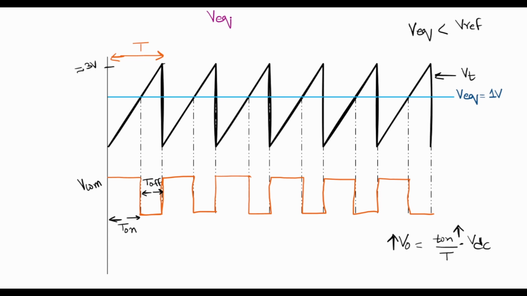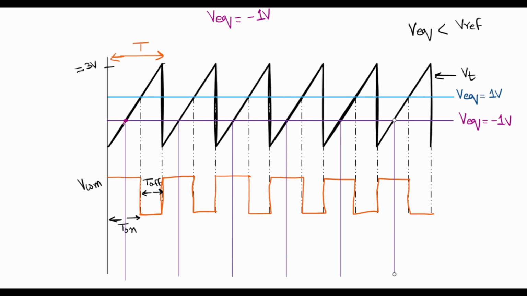So now we want to see the case where the error voltage is minus 1 volt. So let's plot on this diagram an error voltage of minus 1 volt. Since the peak here is 3 volt, this is 1 volt, so minus 1 volt would be approximately at this point. Now we can plot the pulse width modulated signal corresponding to this error voltage.